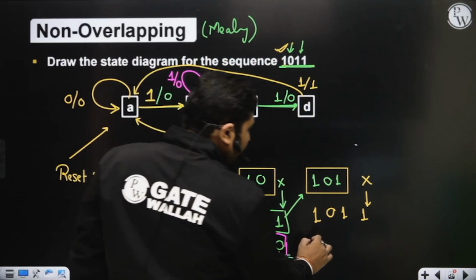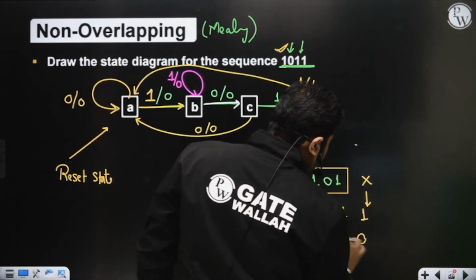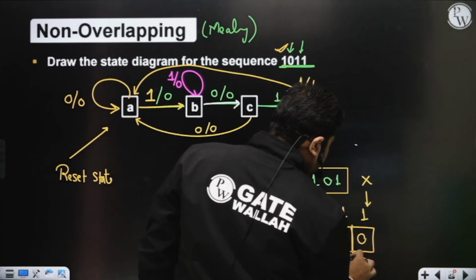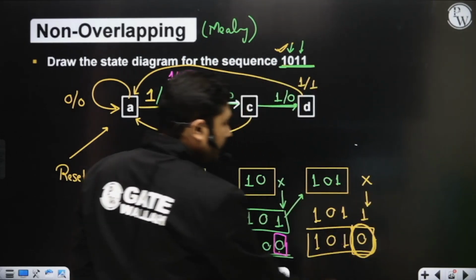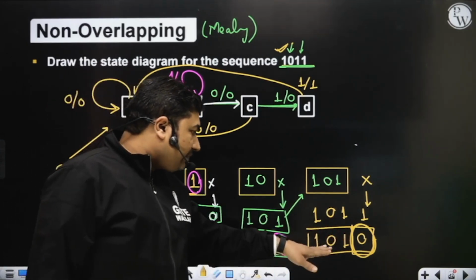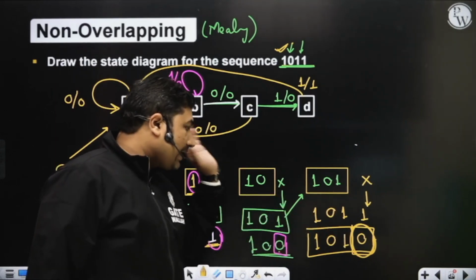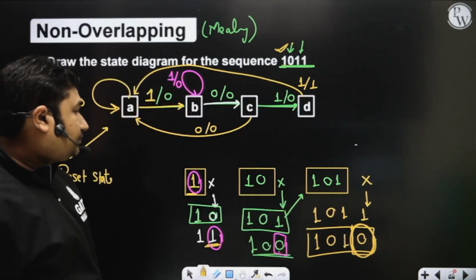But if you are getting 1 0 1 0, if you are getting 0 on the last one, then it is not the required sequence. When it is not the required sequence, first you have to identify whether it will stay in the same state or return to the previous one.